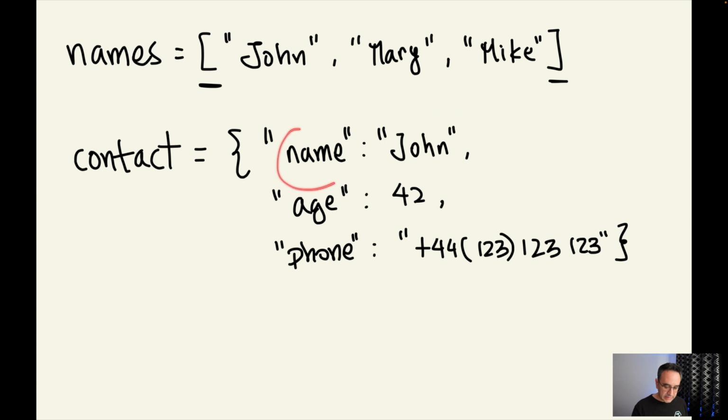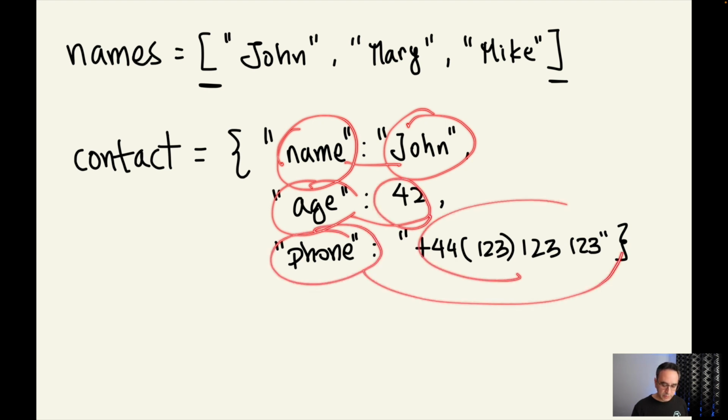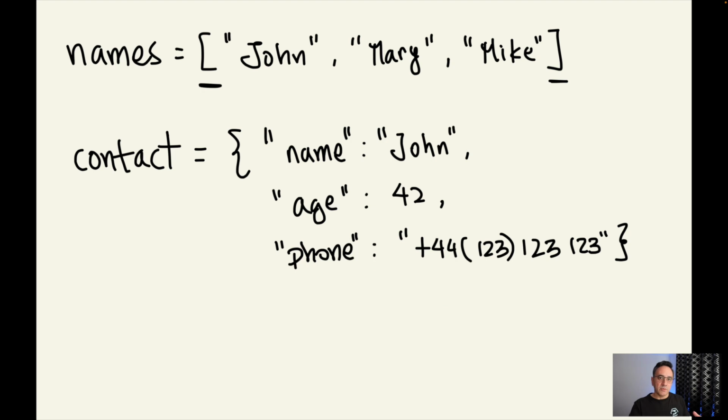So the key name corresponds to, in this case, the name John, the key age, the age 42, and the key phone to the phone number. So basically every piece of information in this dictionary is identified by one key, not by one index number.